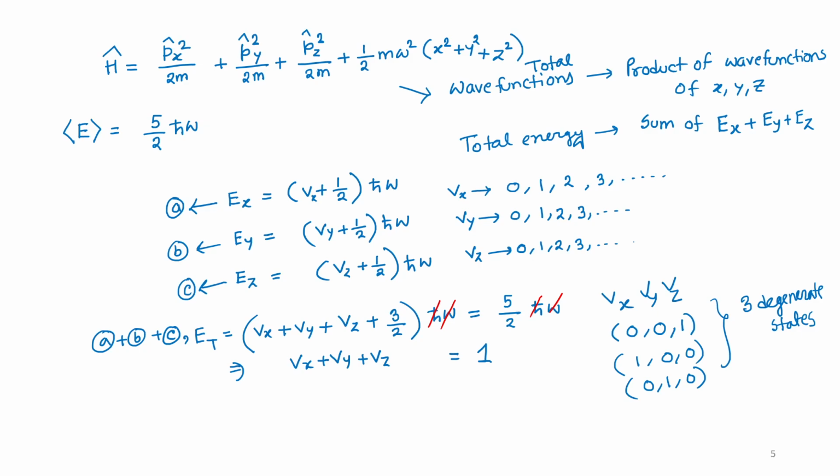So in that case, suppose your Vx plus Vy plus Vz is going to be 2, because 7 by 2 minus 3 by 2 would be 2. Then what are the possible states?